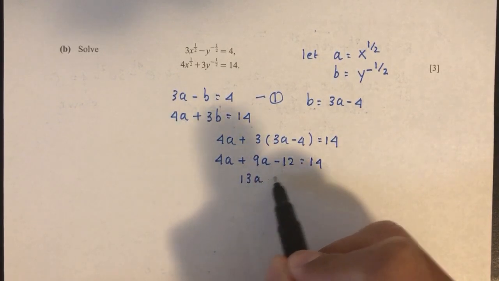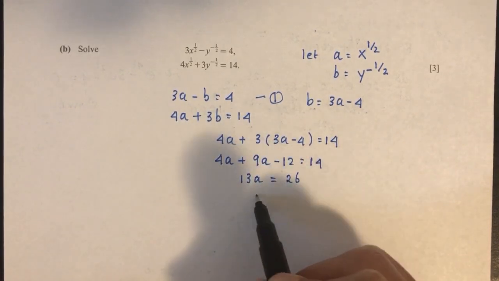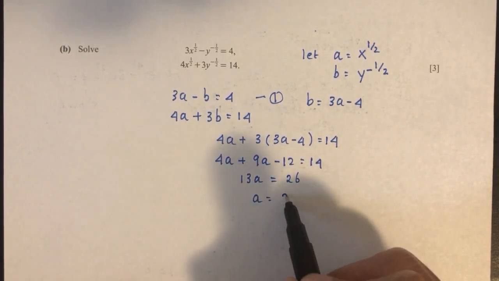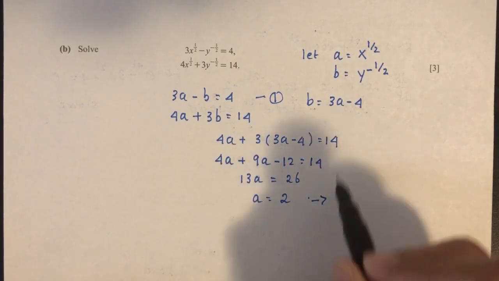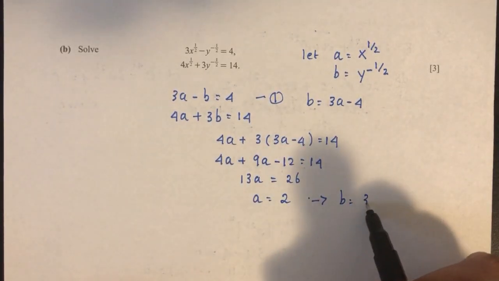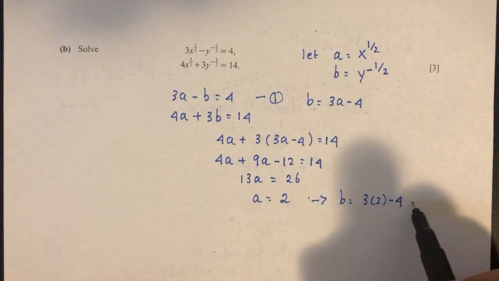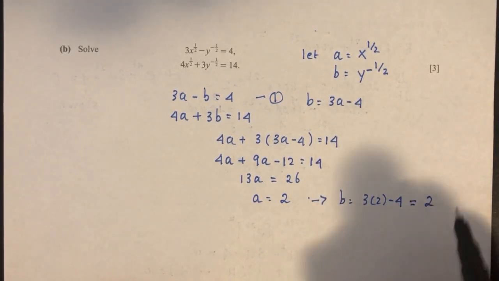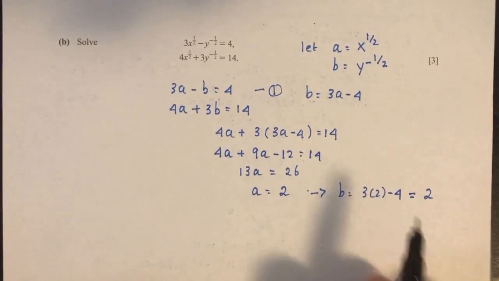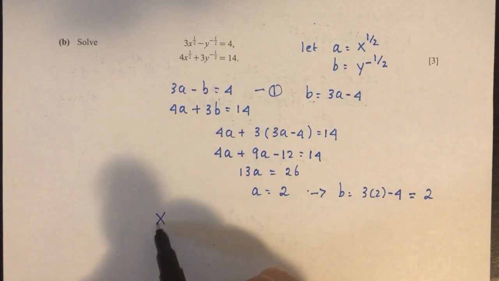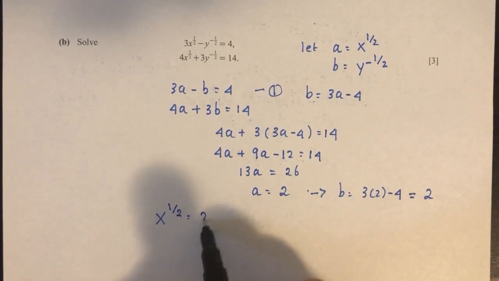Now 13a equal to 26. a will be equal to 2. So from this, b equal to 3 times 2 minus 4. That should give me 2 as well. So now we know that a is equal to what? x^(1/2) equal to 2.